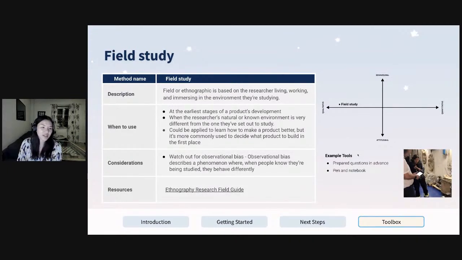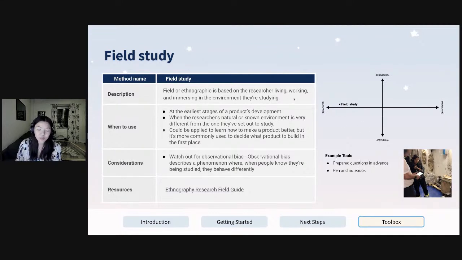The next one, depending on the context, I think can be quite helpful. This is one of my favorite ones, from a user experience perspective. It's doing field study and being where your participants or users are.